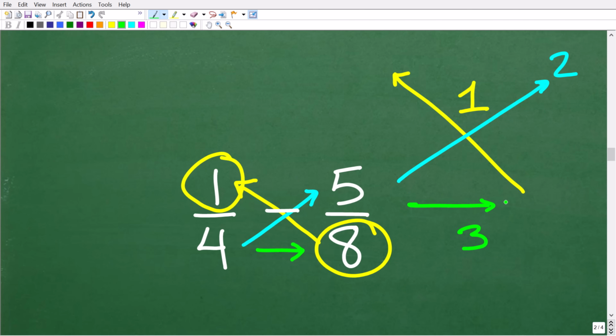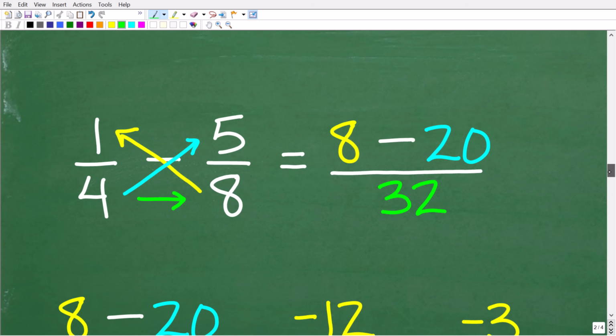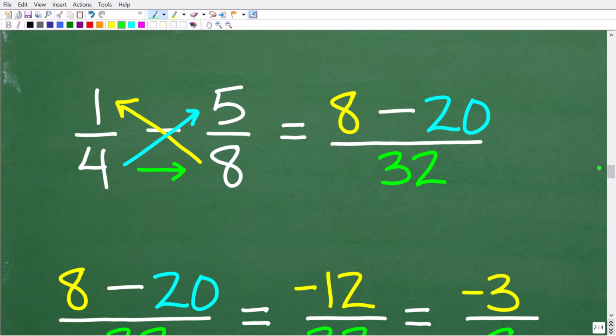So we're going to multiply 8 times 1, get that answer, and subtract 4 times 5. This is going to form our numerator, and then our denominator will be 4 times 8 going this direction right here. Let me show you this because it's easier than you think, and it works every time. All right, so here is the bow tie method in action.